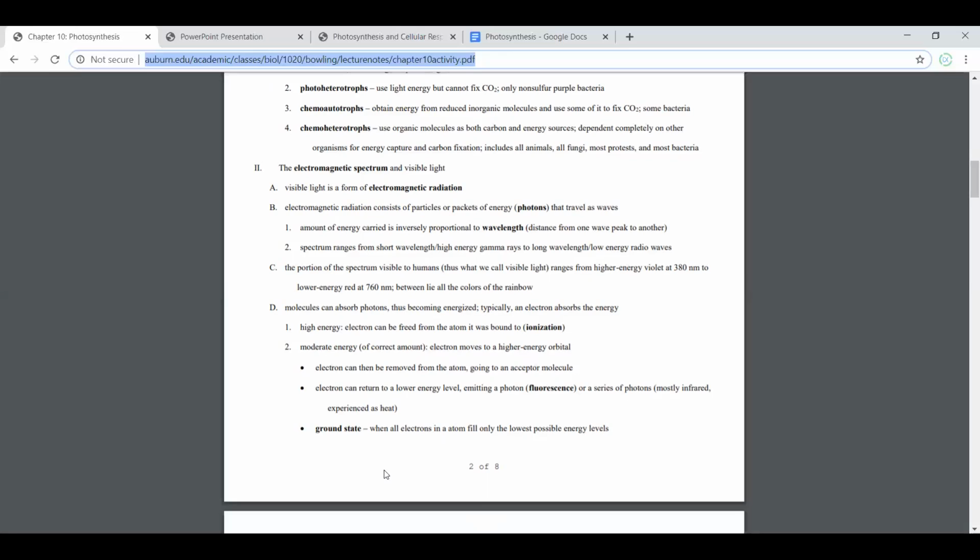So let's talk a little bit about this electron absorbing energy. Normally electrons are in what we call the ground state, and that's really important. This pretty much means that electrons are just sitting in their orbitals. You remember, they're sitting in their shells. They're not really moving. They're stable where they are. They're at their lowest possible energy, and don't really have much energy.